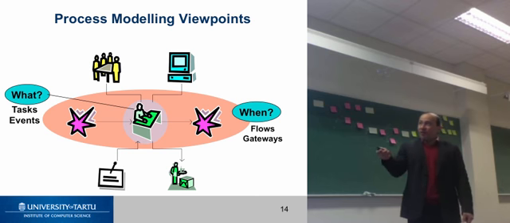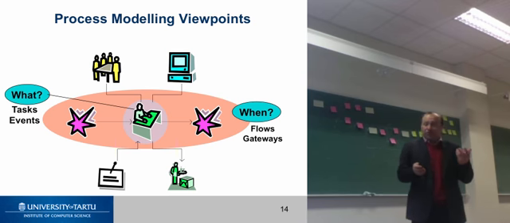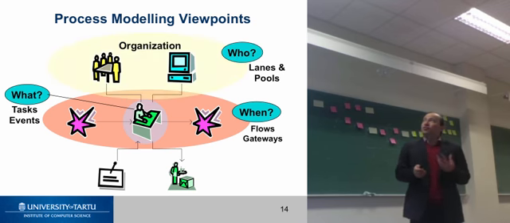What we have seen is the what: task, event, flows, gateways. But someone already pointed out there's more to a process. I also want to know who does what. That's kind of important. We are going to call that the organizational perspective. And in BPMN, we are going to introduce two concepts to capture it, called lanes and pools.